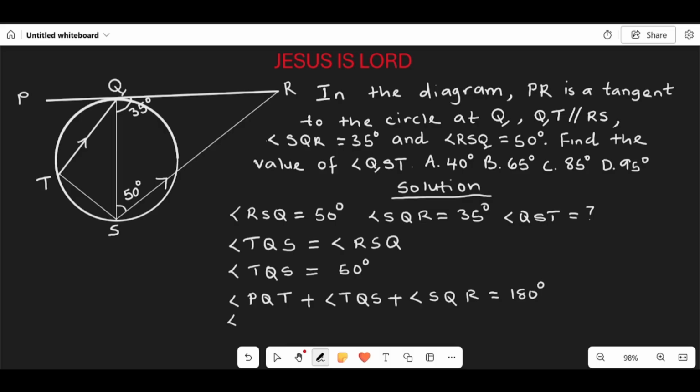Angle PQT plus angle TQX, which is 50 degrees, plus angle XQR, which is 35 degrees, equals 180 degrees.